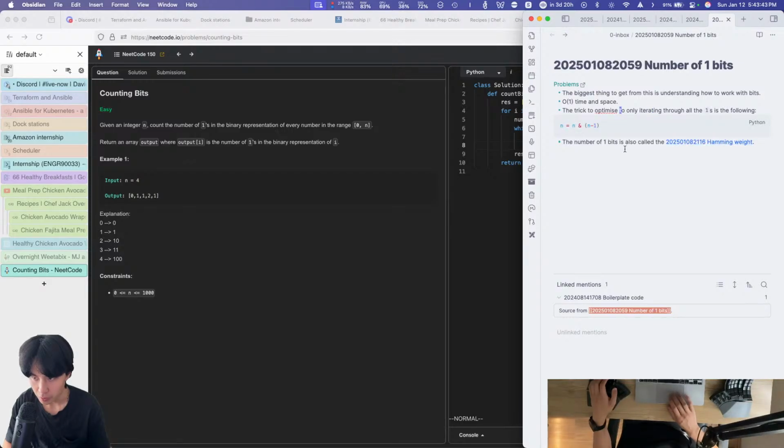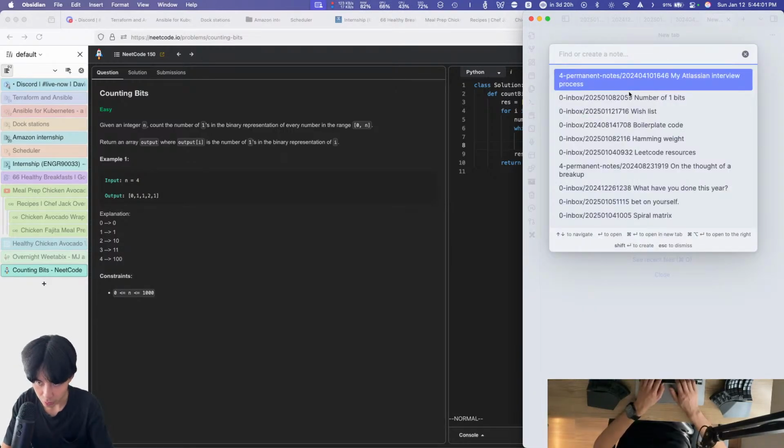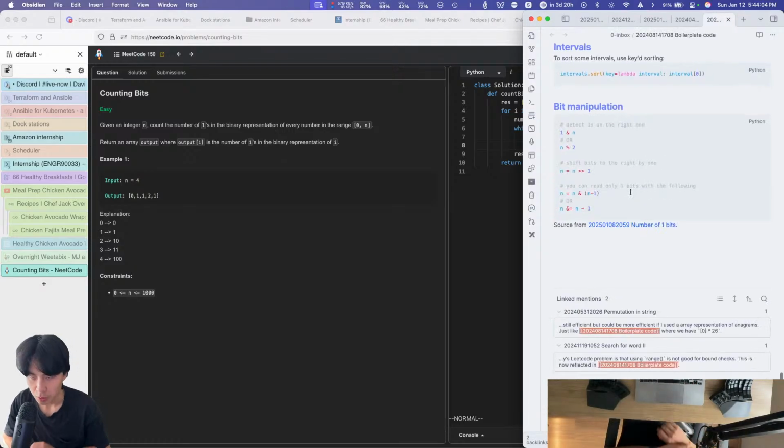Okay, so number of 1 bits. The problem is we also need to have my boilerplate code up, which will help me here. So you can detect if 1 is on the right end and shift the bits right by 1. You can read only 1 bits with the following.